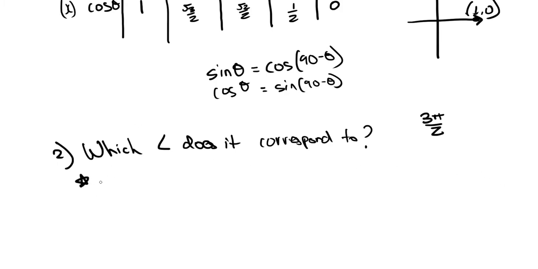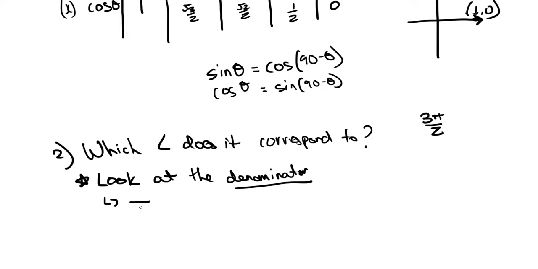So the first thing you should do is look at the denominator. Okay, look at the denominator. So if the denominator is 6, it corresponds to pi over 6.